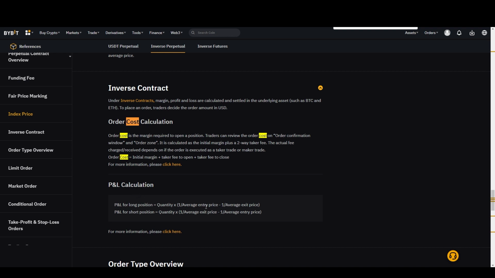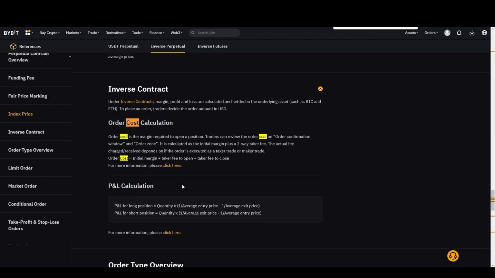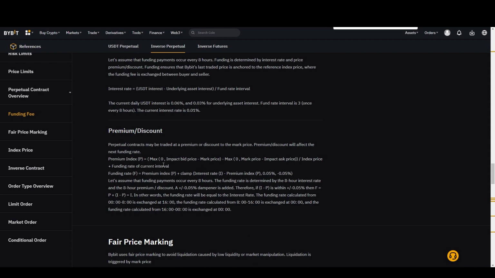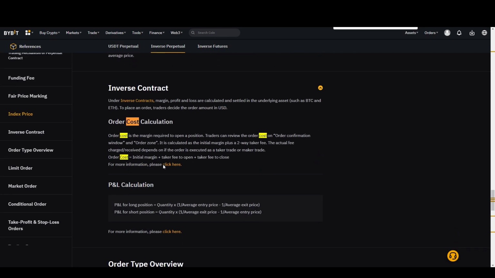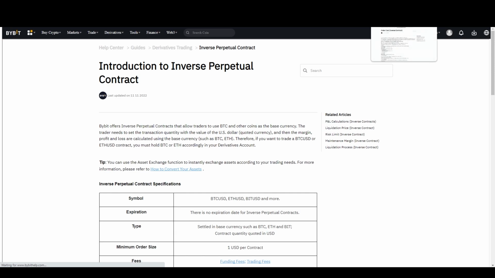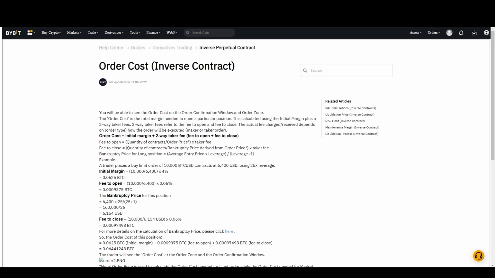P&L calculation: quantity times 1 divided by, oh. Inverse contracts here. Order cost.